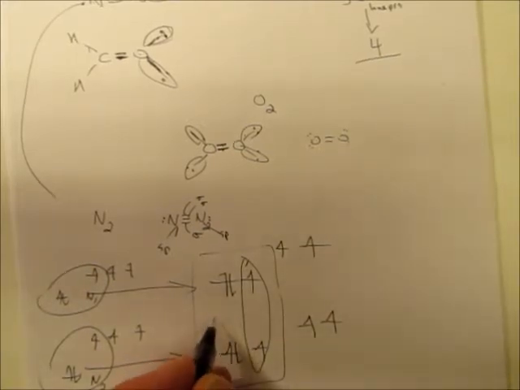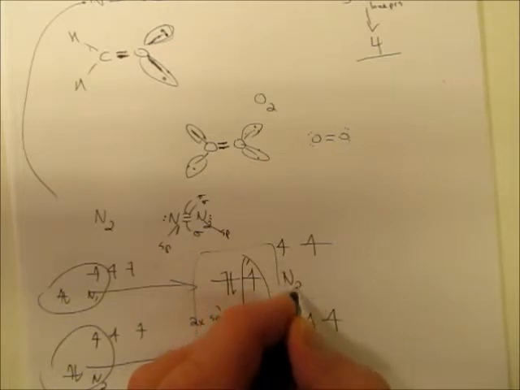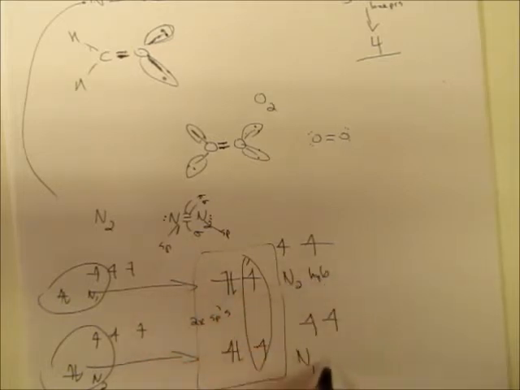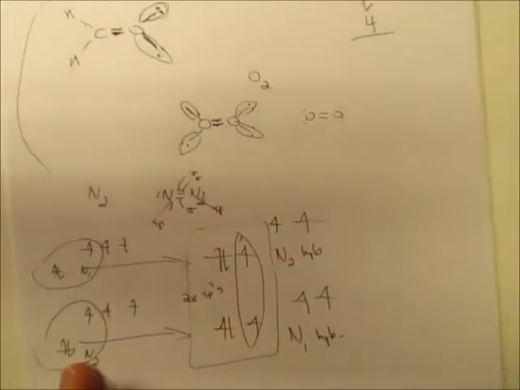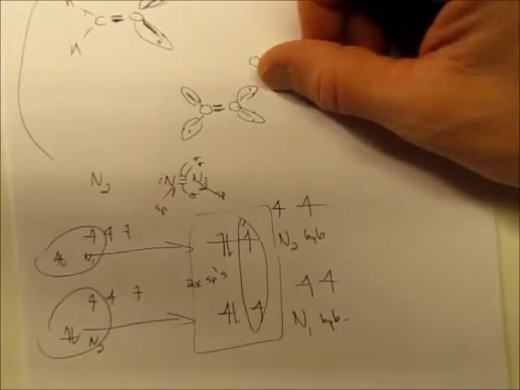These are the s, and there are 2 sp orbitals on each of these nitrogens, hybridized. Okay? So each nitrogen is going to be linear, with a hybrid orbital pointing one way, and this one's going to get a lone pair.